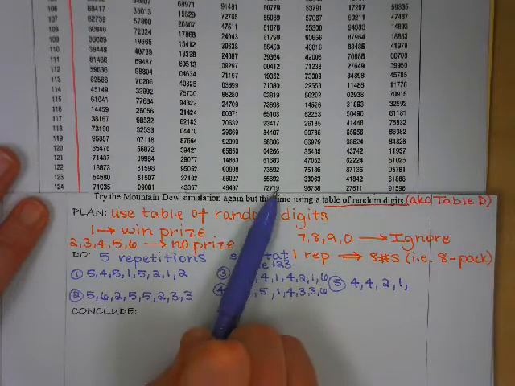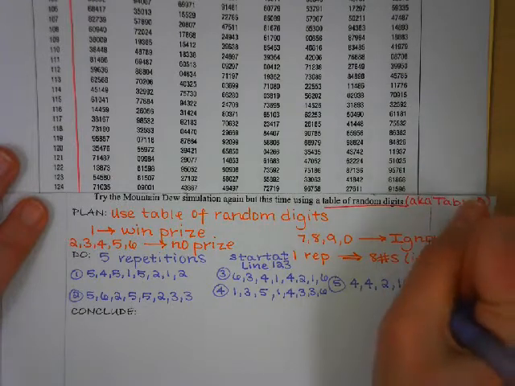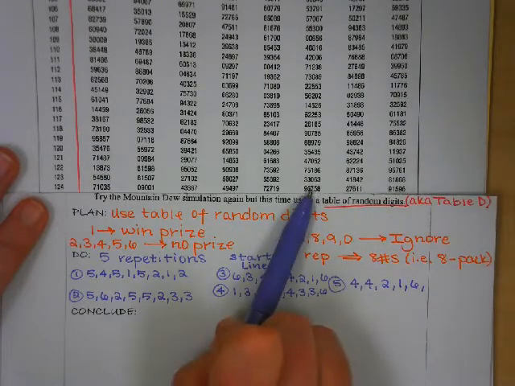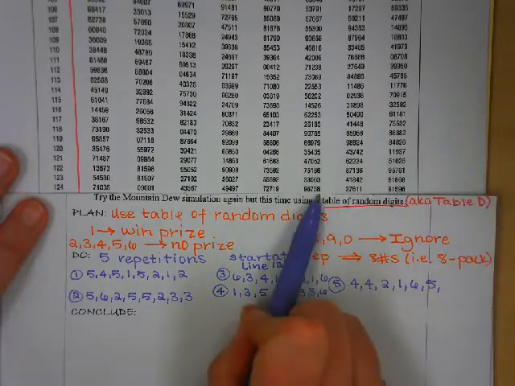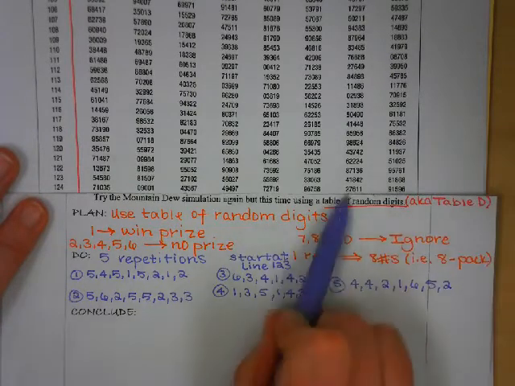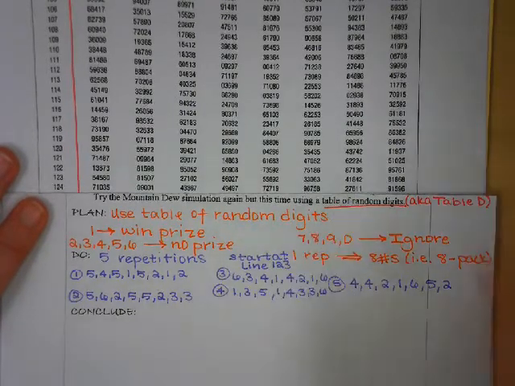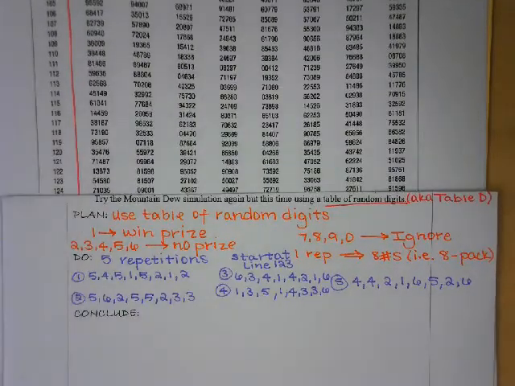I ignore the 9 and the 9, I get to use 6. I ignore 7, but use 5. I ignore the 8 and use 2. And that's 1, 2, 3, 7. Ignore the 7 and use the 6. And that finishes off repetition number 5.